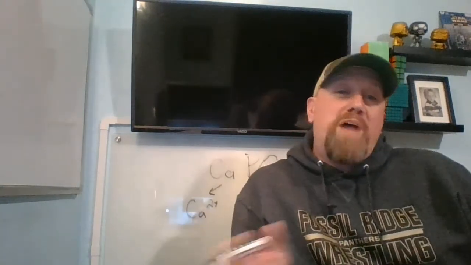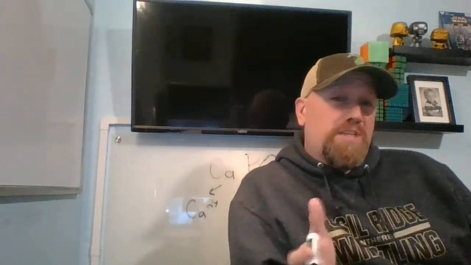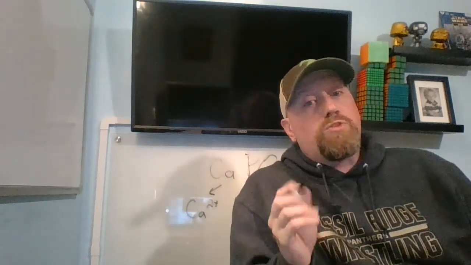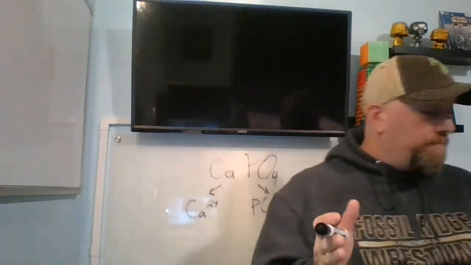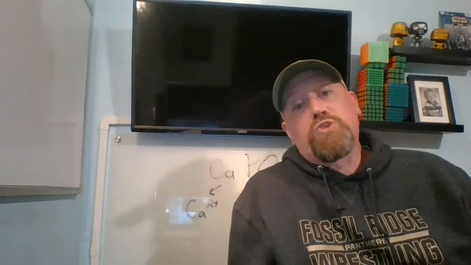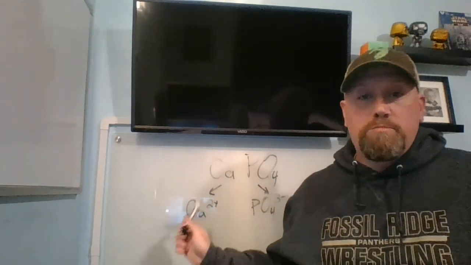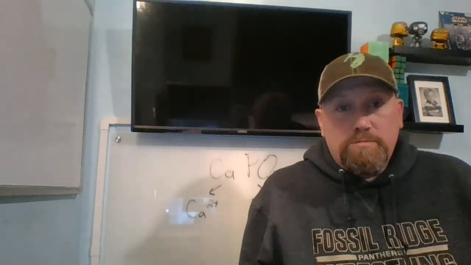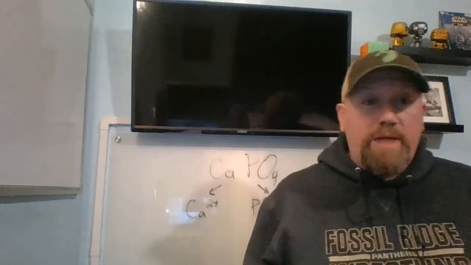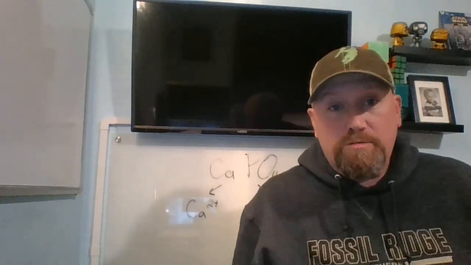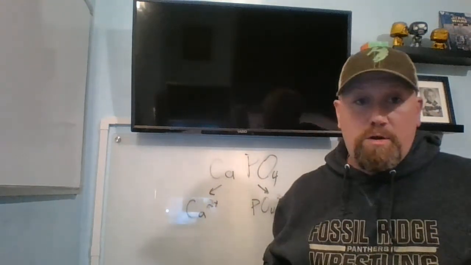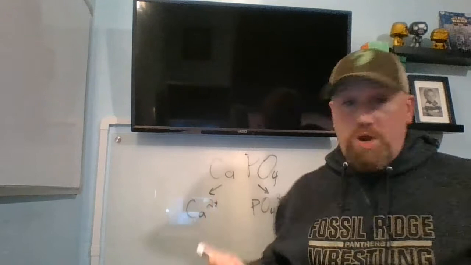Remember from back around the end of November, beginning of December, we said the alkali metals are group number 1. Calcium's in group 2, so it's not an alkali metal and doesn't meet that exception. So the exceptions are NH4, no, or alkali metals, no.